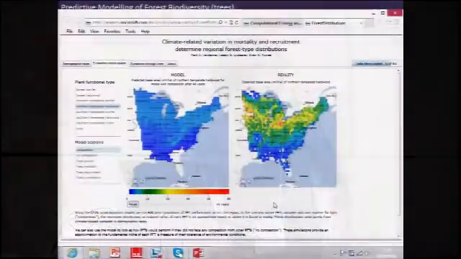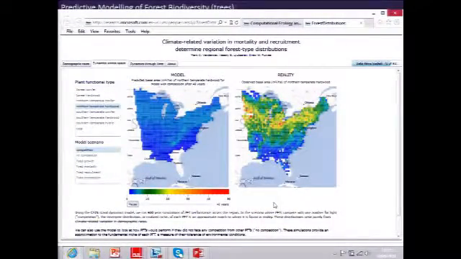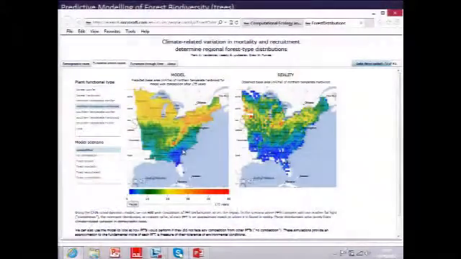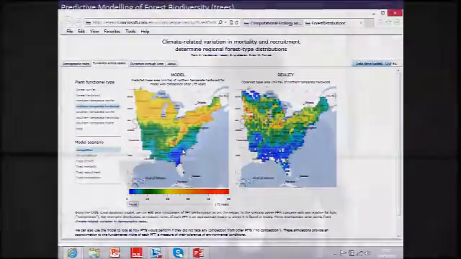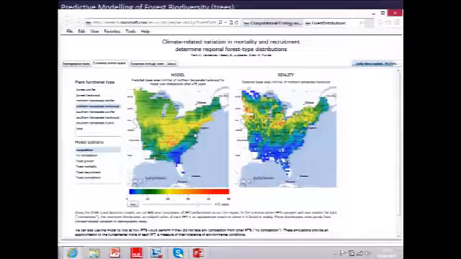And on the left, we'll see what the model predicts. And so as they fight it out, this particular group starts to lose in the south, and it does fairly well in the north. And you can see that, and then it eventually starts to lose out in the north and ends up adopting a mid-latitude range, which is what we see.